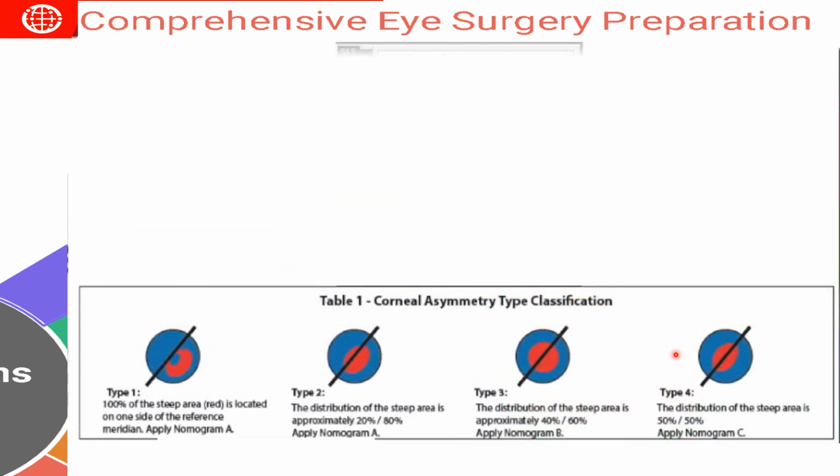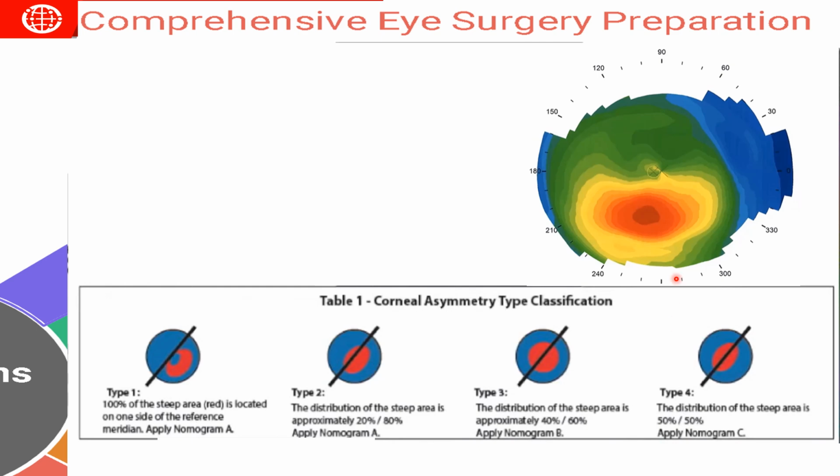Now, the other thing, as I said, is the elevation map, especially the anterior elevation map, because the intracorneal ring segments mainly affect the anterior surface of the cornea and improve its topography. So we have to look to the anterior elevation map to determine the location and shape of the cone, so that we can compare it with the nomogram for whatever intracorneal ring you are going to use.